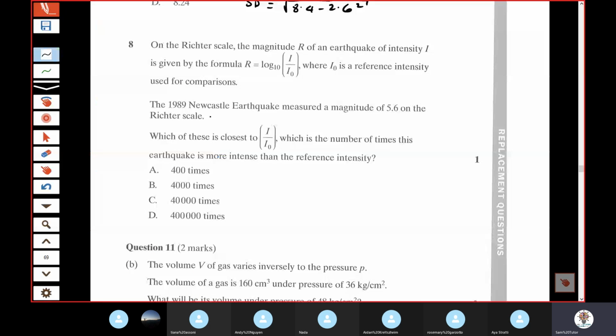Alright, let's read. On the Richter scale, the magnitude R of an earthquake of intensity I is given by this formula, where I0 is the reference intensity used for comparisons. The 1989 Newcastle earthquake measured a magnitude of 5.6 on the Richter scale. Which of these is closest to I over I0, which is the number of times the earthquake is more intense than the reference intensity?